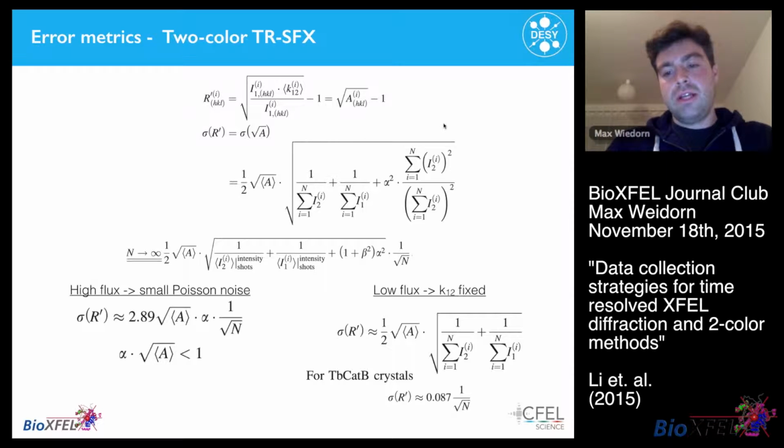So here you already need a lot fewer patterns to get down to 1% error, which makes it possible to see 1% changes in structure. If you believe these numbers, then that would be around 100 patterns needed to get 1% in the structure factor.